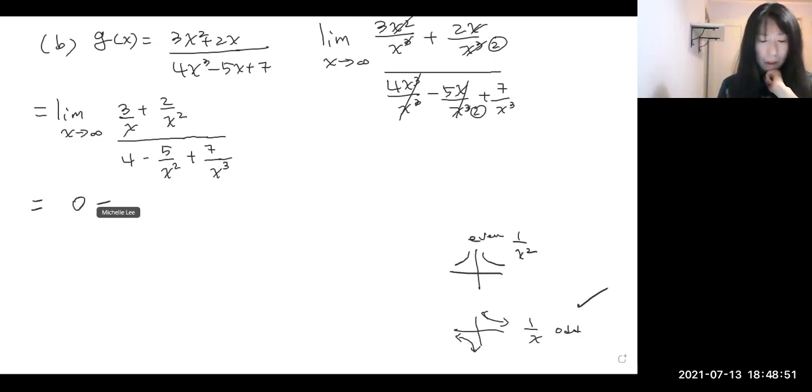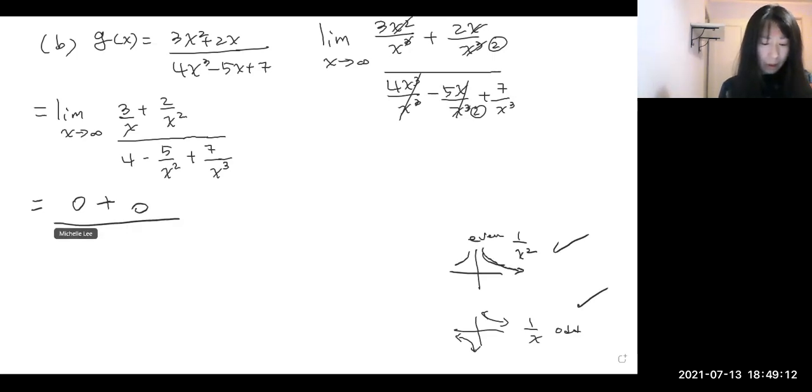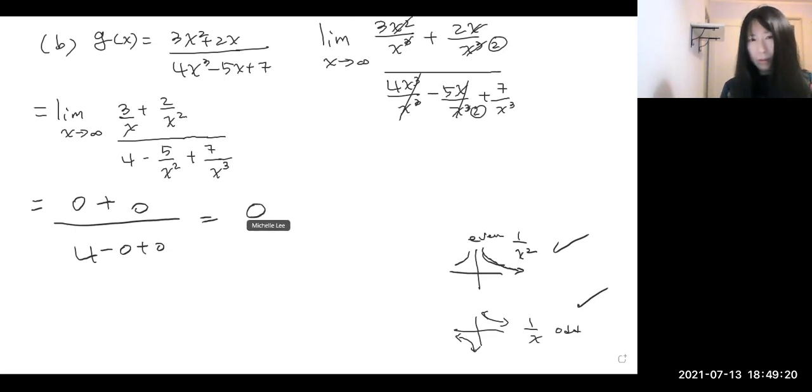How about the second one? 2 over x squared. Also 0. And 4 plus minus 0, 0. Okay, everything is 0, and we get 0.